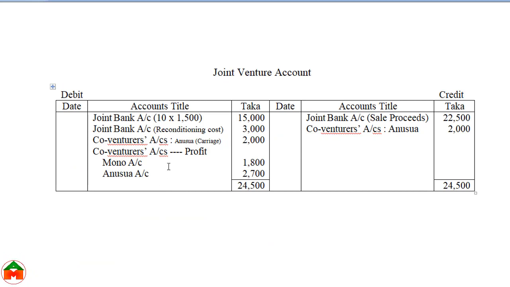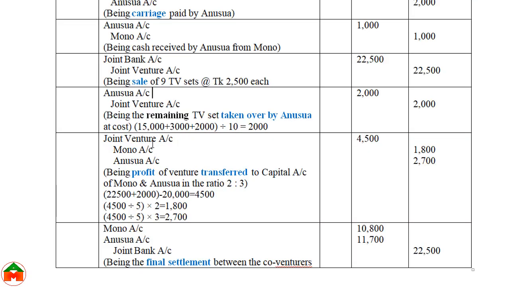The distribution amount is 1,800 for Mono, and for Anusha 2,700, total 4,500. So due to profit, we have to distribute the profit to the Mono account and Anusha account. We can see Mono 1,800, Anusha 2,700, total 4,500.